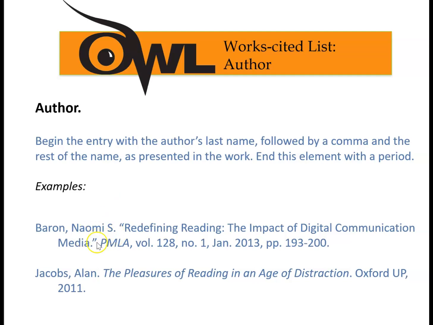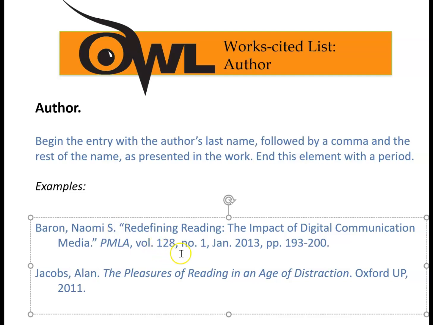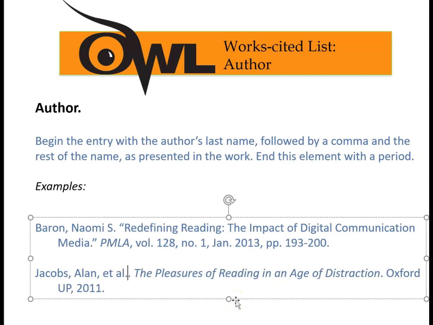So if it has an author's name, that's great, and that's what you're going to use in your in-text citations and as your works cited list. You'll include that name of that author. There might be more than one author. So if you have two, again, you'll list both. If you have three or more, you use the et al. abbreviation.